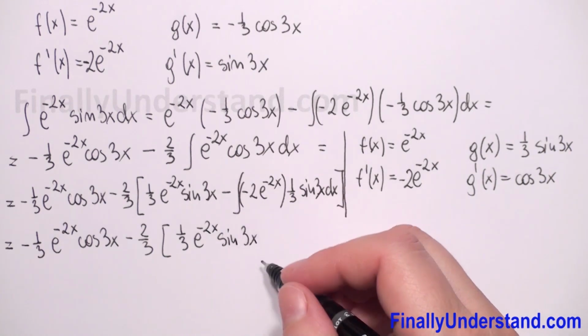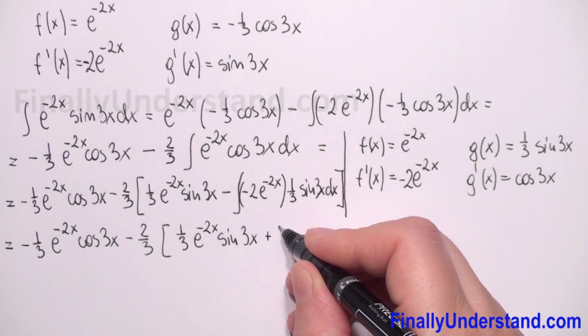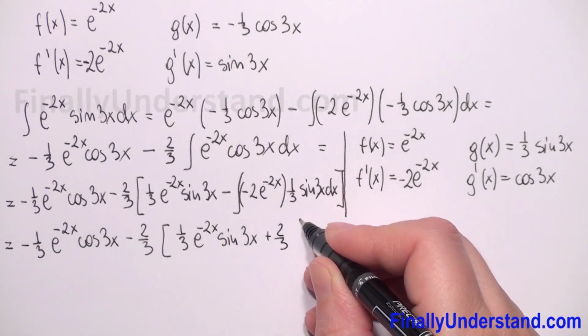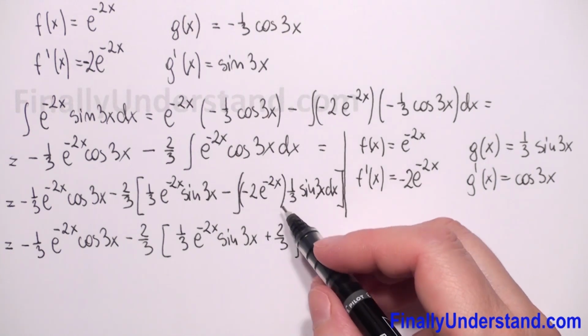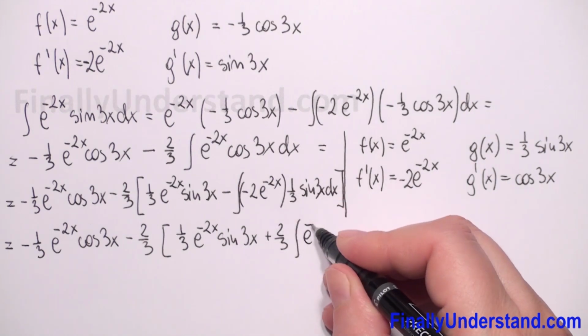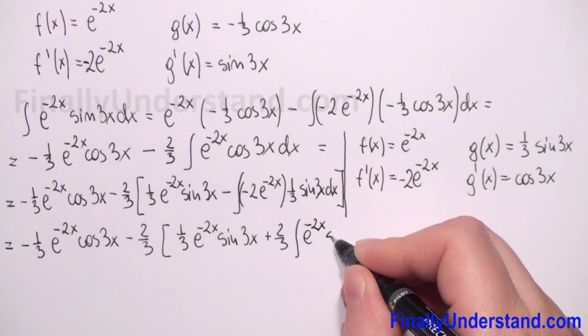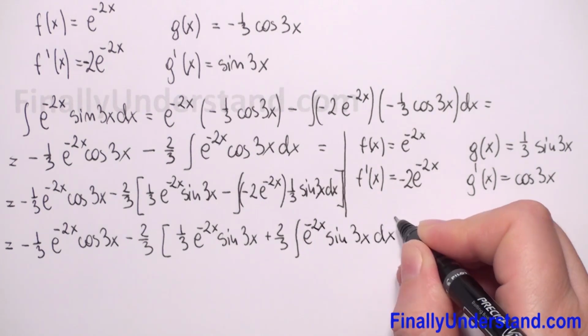Negative and negative give us positive. 2 times 1/3 is 2 over 3, and we can put this constant before the integral, and our integrand is e to power negative 2x sine 3x with respect to x.